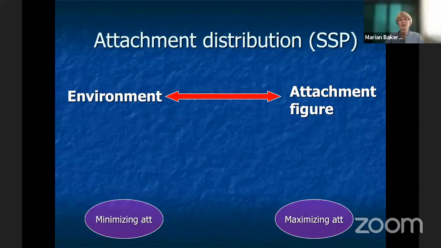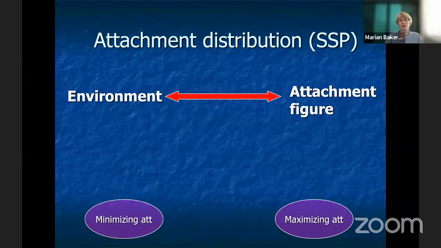And the quality of attachment is usually measured with the strange situation procedure. That is a procedure where a child is separated twice from the attachment figure. And what is most telling about the attachment relationship is how the child behaves when the attachment figure returns.